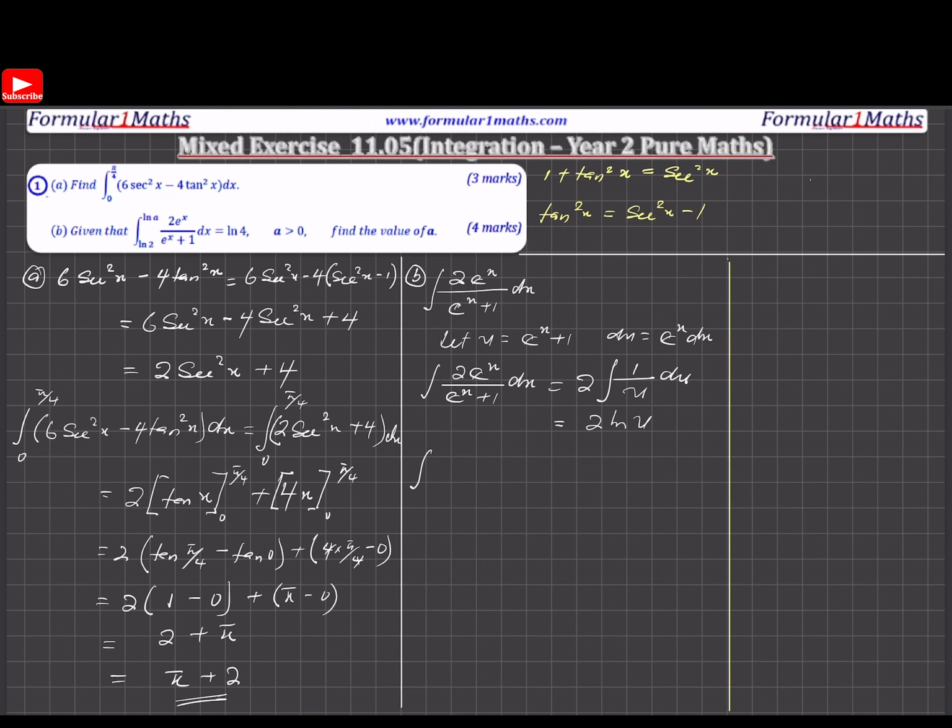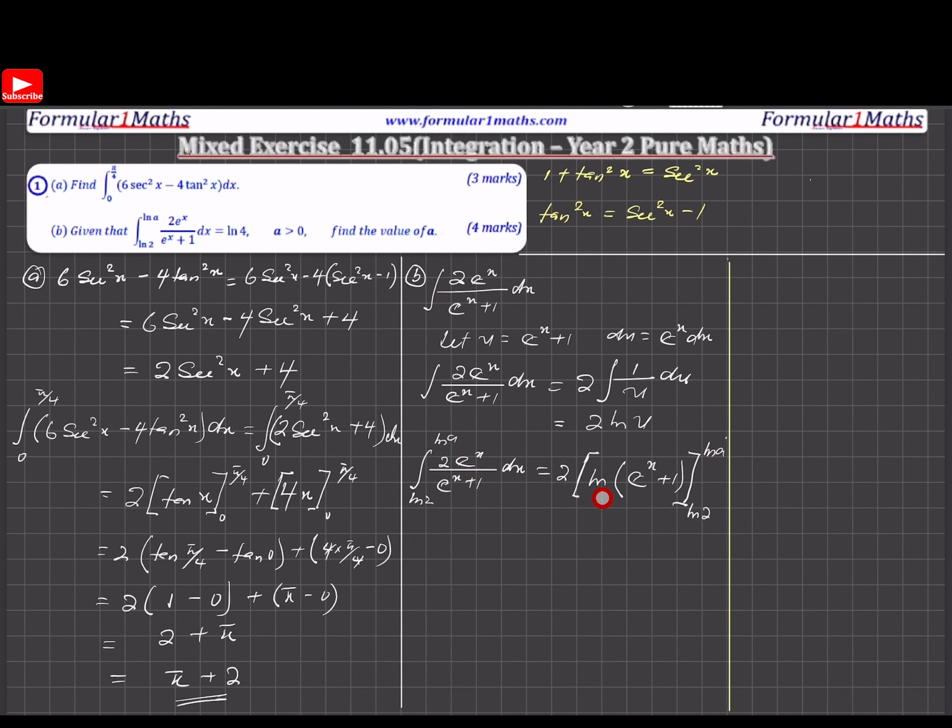So the integral of 2 e to the power x over e to the power x plus 1 dx between the limits of ln 2 and ln a will be equal to 2 ln e to the power x plus 1, which is the u over here, between the limits of ln 2 and ln a. But we know that this expression, as stated in the question, is equal to ln 4.